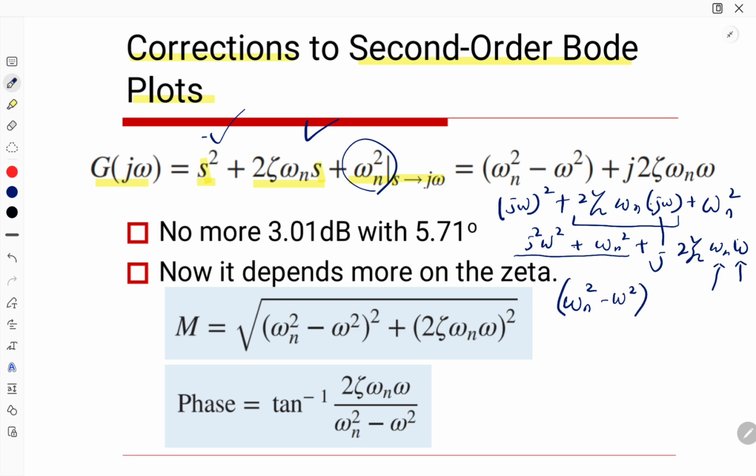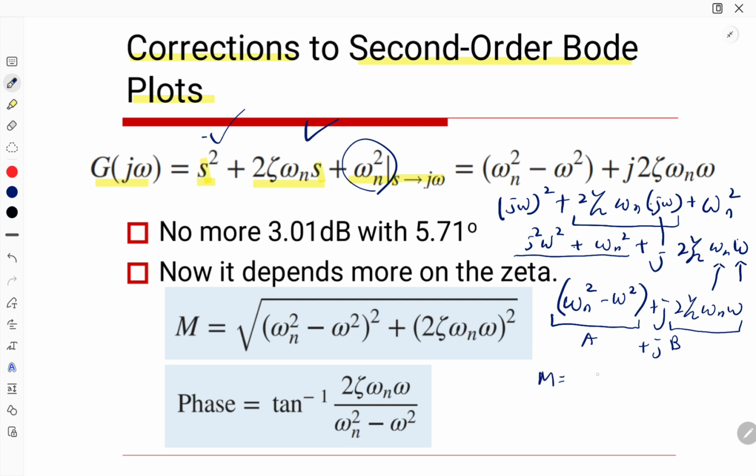So you can rearrange, and that's a fun part. j 2 zeta omega n omega. So this will be the real portion, and this will be the imaginary portion. So for the magnitude, this is your new A plus jB.